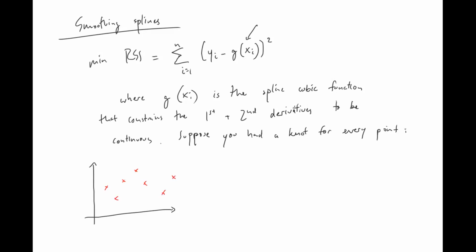Maybe I've got some kind of crazy fit, right? And as we've discussed, this will perfectly minimize RSS, but you have overfitting.